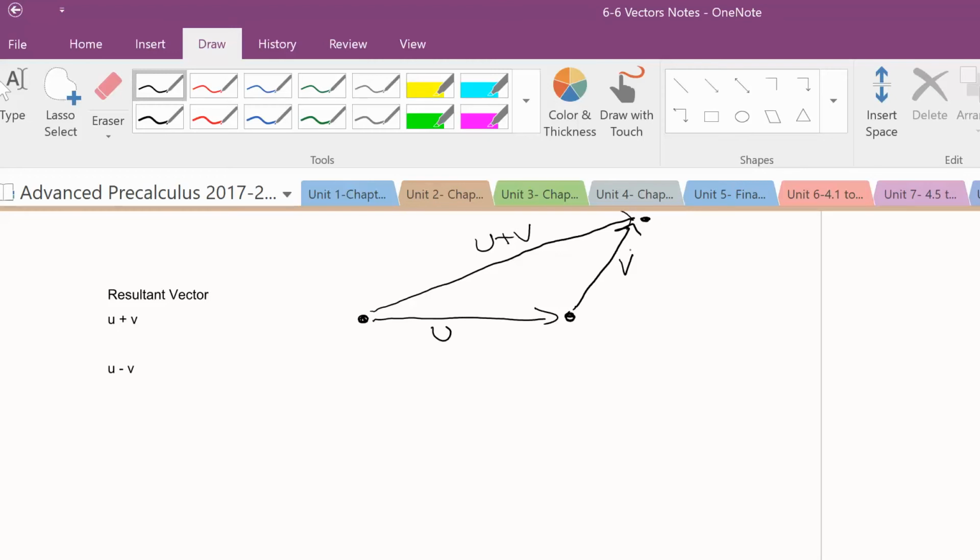U minus v, well, if you have vector u going this way and vector v going that way, well, negative u means it goes in the opposite direction this way, and negative u would also be going that way.